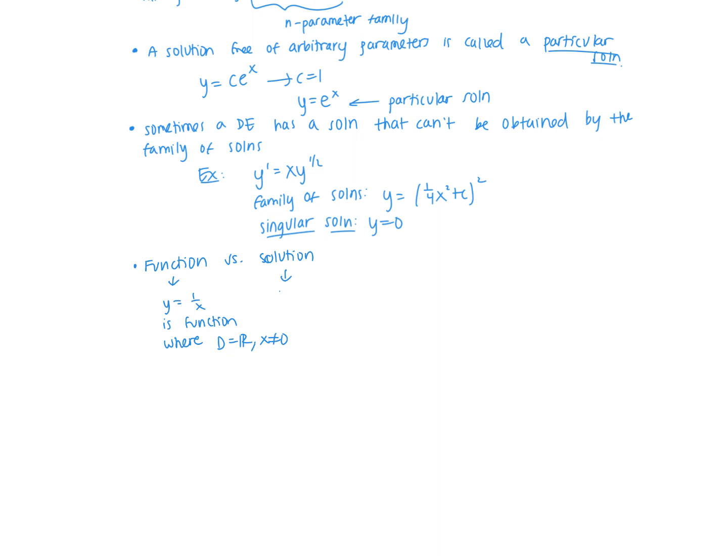We can also say that y equals 1 over x is a solution to a differential equation, which is xy prime plus y equals 0. When it's a solution, though, we need to know where it is a solution. So we don't say it's a solution for all real numbers.